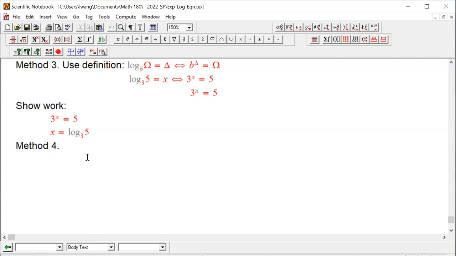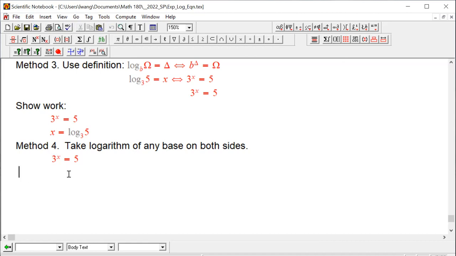So taking logarithm of any base on both sides. Oftentimes when you do this, you have your favorite logarithm to use. I encourage you guys to use natural log.